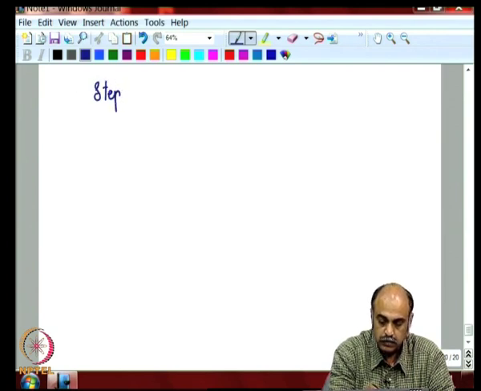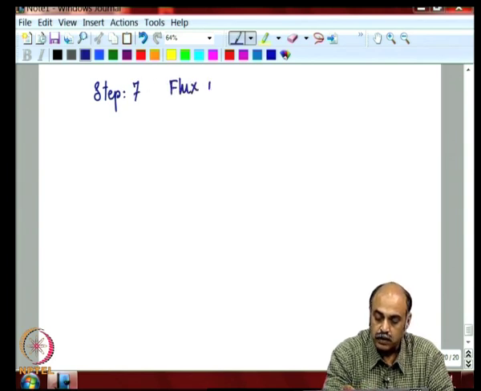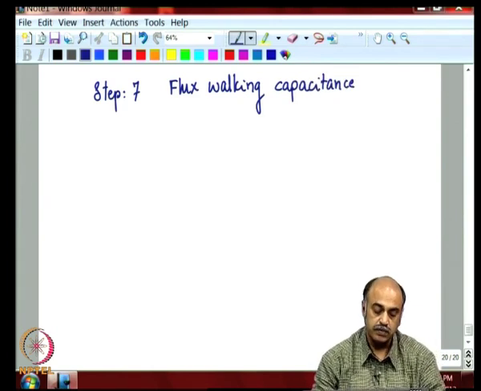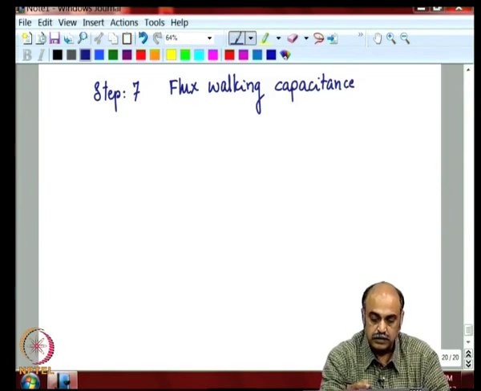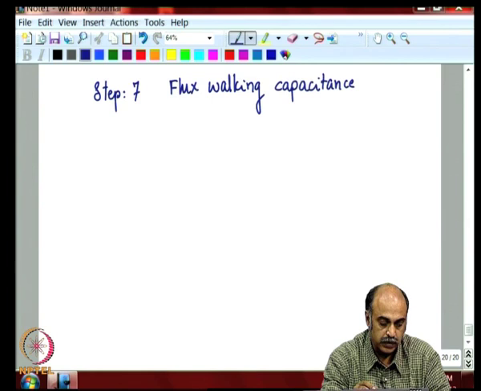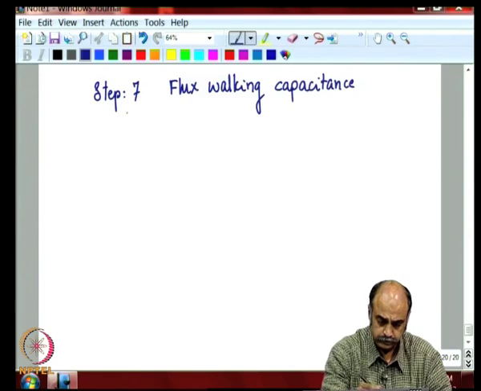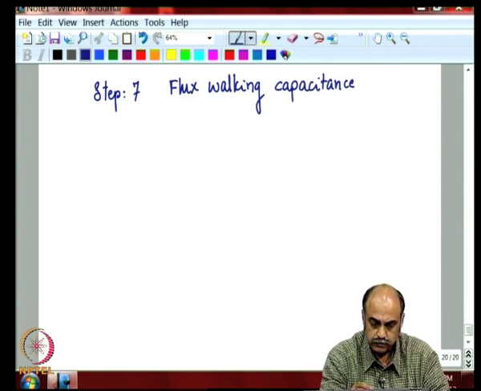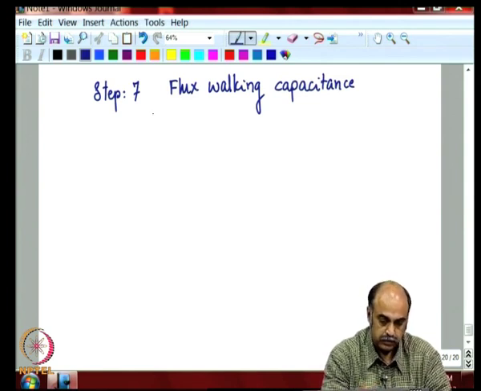Step 7, flux working capacitance, which is the primary capacitance, the one in series with the winding to prevent the saturation, flux working saturation that may happen due to the non-idealities and non-matching power semiconductor devices.